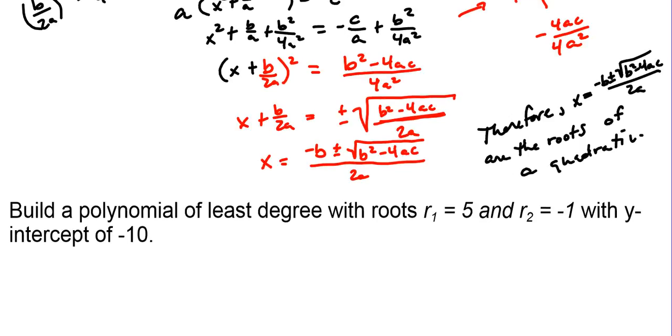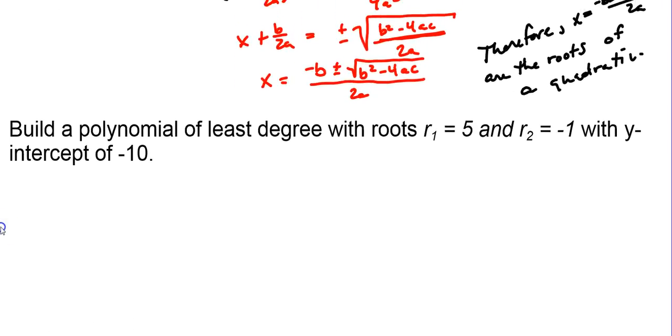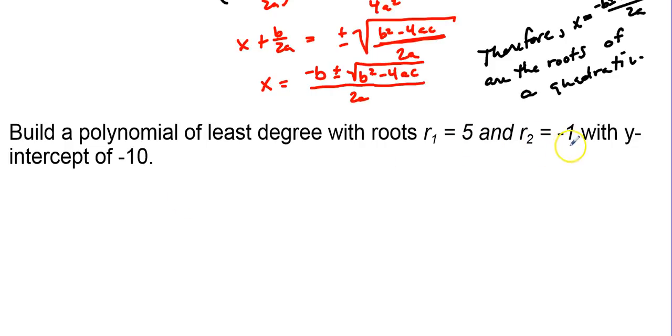Next thing we want to talk about with regard to quadratics: build a polynomial of least degree with roots r1 equal 5 and r2 equal negative 1, so roots of 5 and negative 1, and a y-intercept of negative 10. There are two strategies that you need to be able to do. Strategy number 1 is what I'm just going to refer to as the factors method.